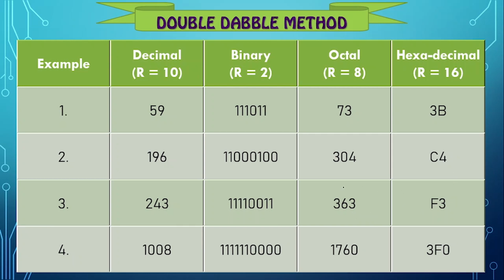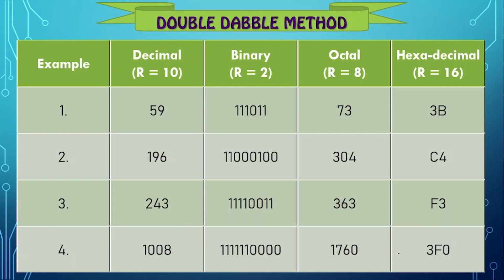By the same procedure, 1008 can be represented as 1111110000, so a total of 10 bits in binary, 1760 in octal, and 3F0 in hexadecimal.